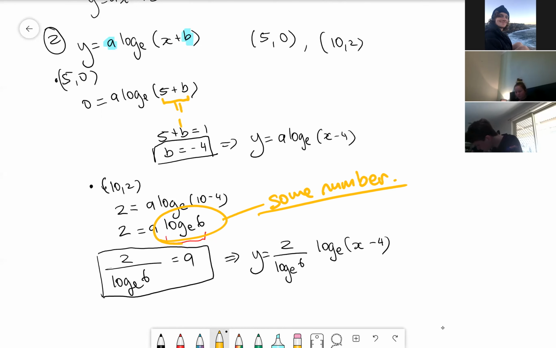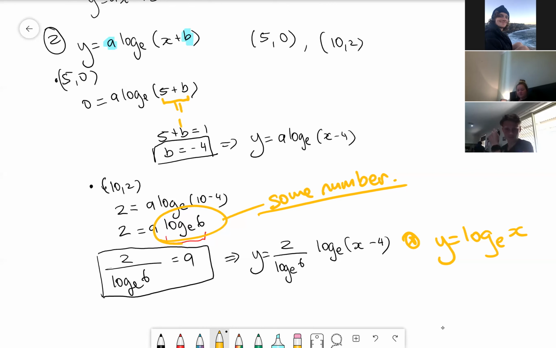Now, if you were to look at this as a transformation of the original graph, y is equal to log to the base e x, what would be happening here? Would it be moving up and down, left and right, or being dilated? The asymptote would be x equals 4.